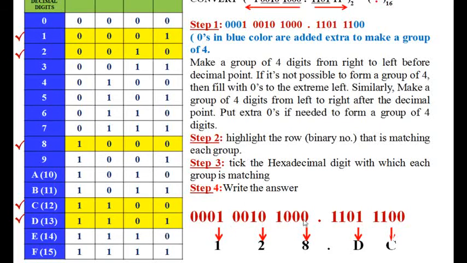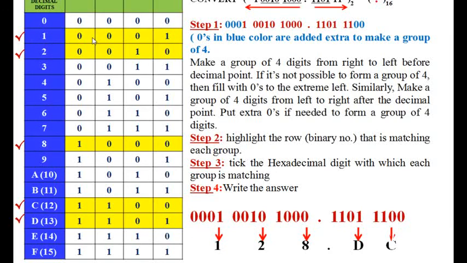So, as per whatever I have said, the number that I have got for binary after making a group of 4 digits is 0001 0010 1000 . 1101 1100.